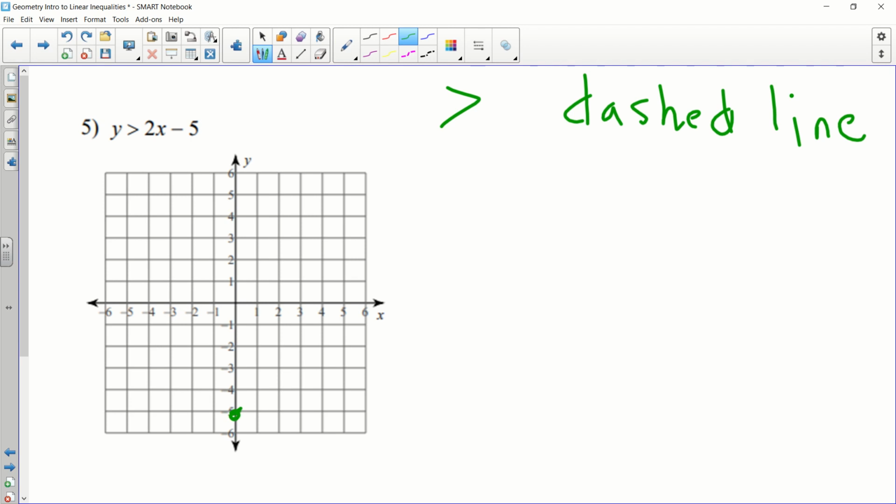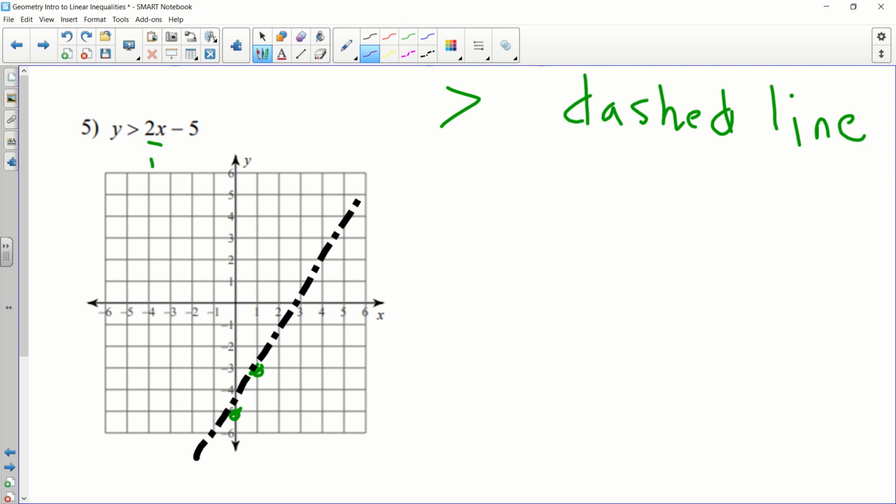My y-intercept's at -5. I'm going to go up 2, right 1, because I have to think of this as 2 over 1. And instead of a solid line connecting them, I'm going to have a dashed line connecting them. And we'll check out why in a second.